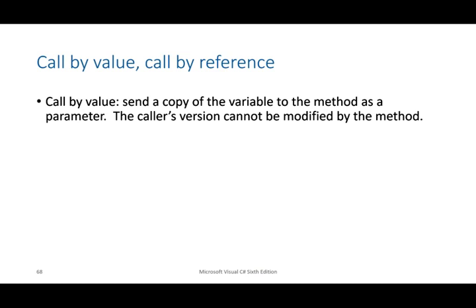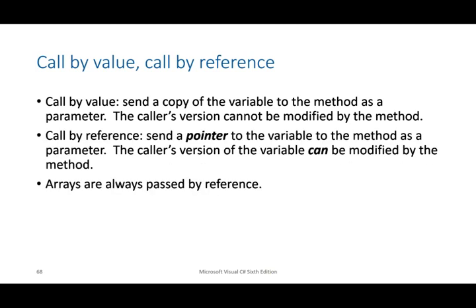When you call with a value, what happens is a copy of the variable that's in the main method will get sent to the called method as a parameter. So it's a copy. It means that no matter what you do to that variable in the method, it doesn't do anything to the value that was passed in the calling method.